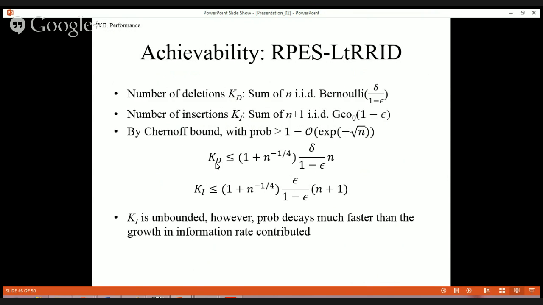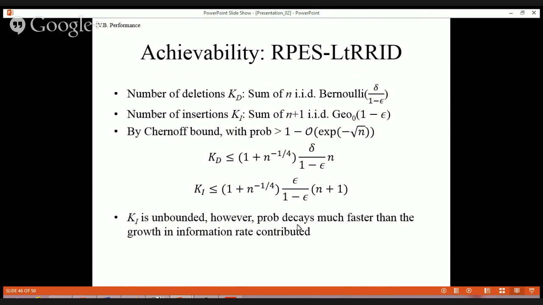The number of deletions is upper bounded by n. However, the number of insertions is unbounded. Actually, the number of insertions follows a negative binomial distribution. However, we can still concentrate the probability when ki is greater than n, and the probability decays much faster than the growth in the transmission rate contributed.